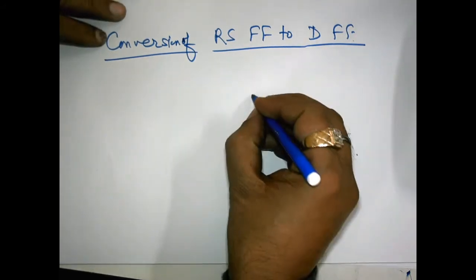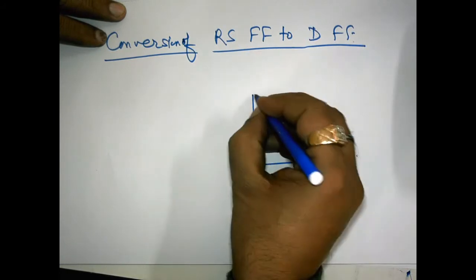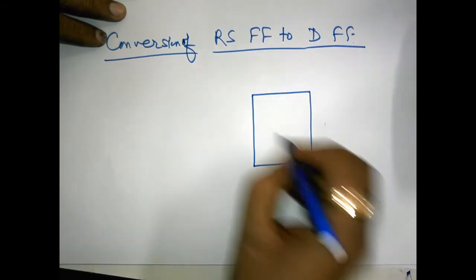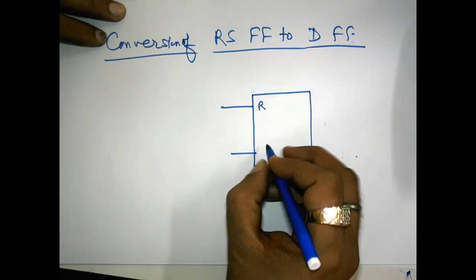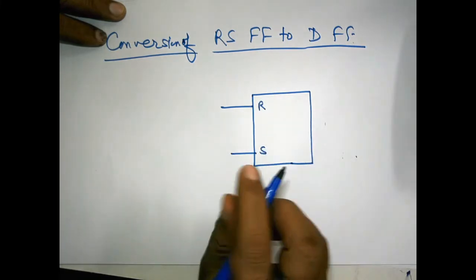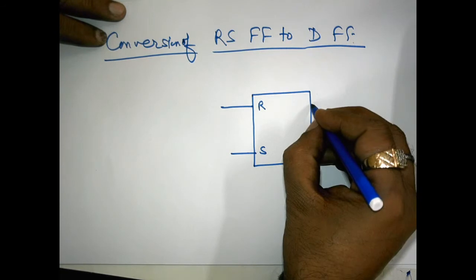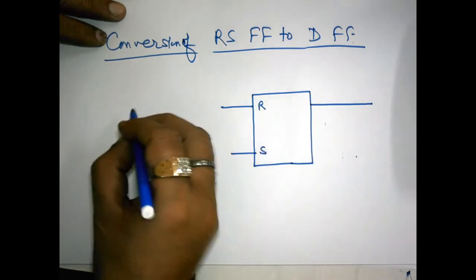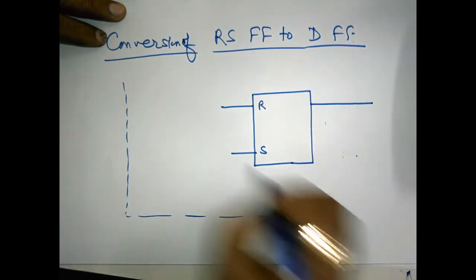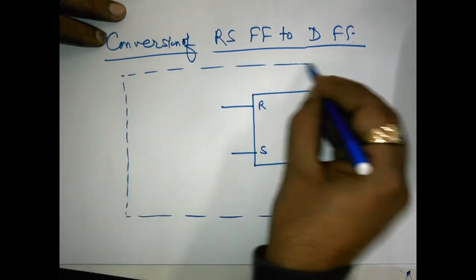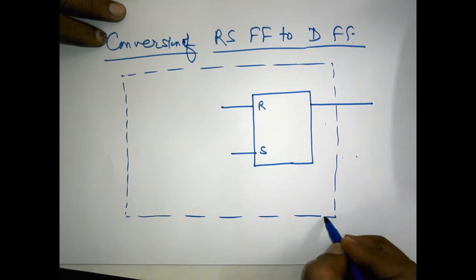Basically, we have with us an RS flip flop, and using this RS flip flop, we are interested in making a D flip flop.